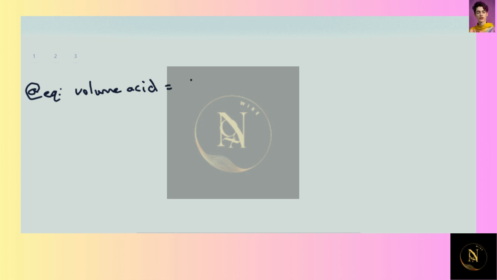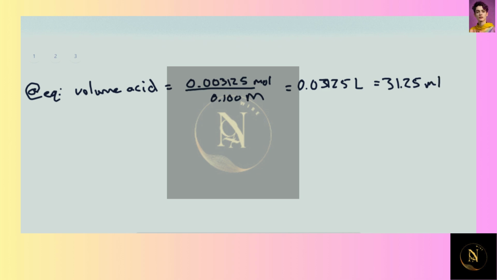We get that by dividing the number of moles of the initial base that we had, 0.003125, by the concentration of acid, which is 0.100 molar. And this is equal to 0.03125 liters, or 31.25 milliliters.